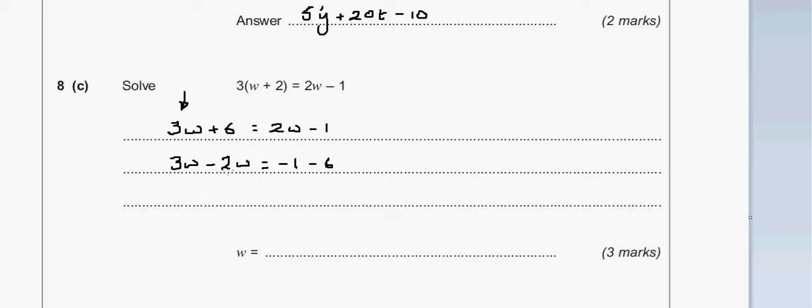So 3w take away 2w gives me w, minus 1 minus 6. So if I'm £1 overdrawn and I draw out another £6, I'm now £7 overdrawn. So w equals minus 7.